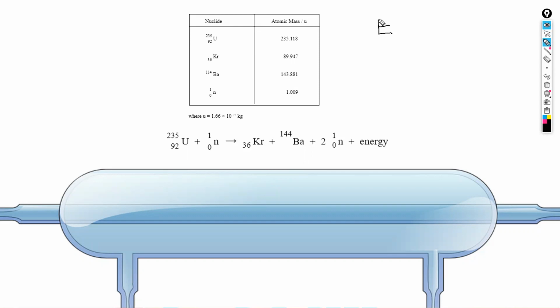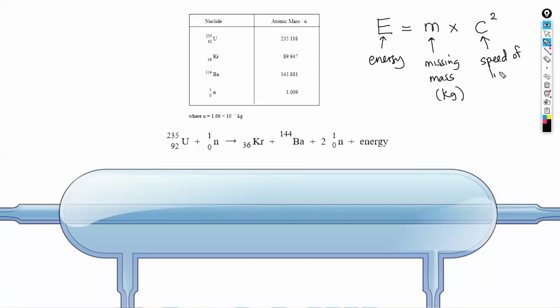How many people have seen this? E is equal to m multiplied by c squared, where E stands for energy, m for the missing mass, well, change in mass. Now, the missing mass has to be in kilograms, and c is the speed of light.